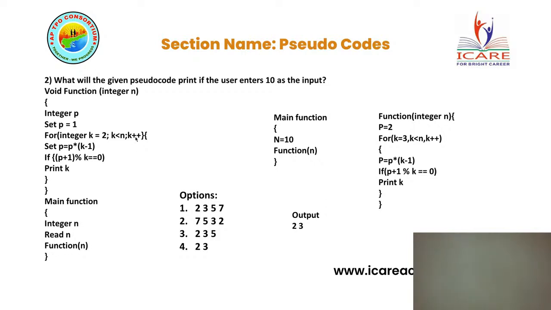So after completing the if condition, we go back to the loop. k plus plus, so 3 plus 1 is 4. Now p is equal to p into k minus 1.